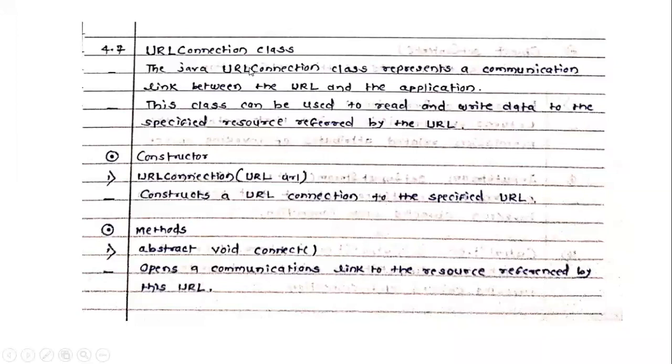Next, the methods of the URLConnection class. In the last lecture we saw the URL class; now we are in the URLConnection class. The first method is abstract void connect. It opens a communication link to the resource referenced by this URL.